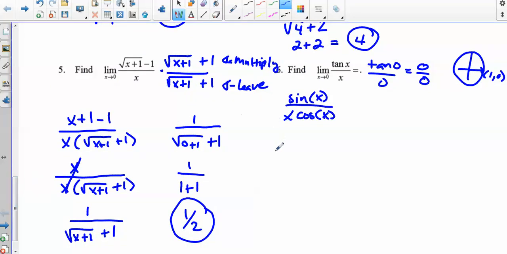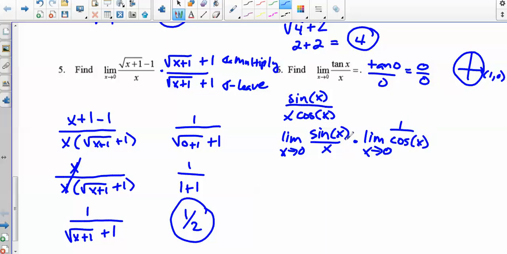We are going to write the limit as x approaches 0 of sine x over x times, so sine x over x is this piece right here. We still have a cos x in the denominator, so we need to do the limit as x approaches 0 of 1 over cos x. So the first limit we know is defined as 1.